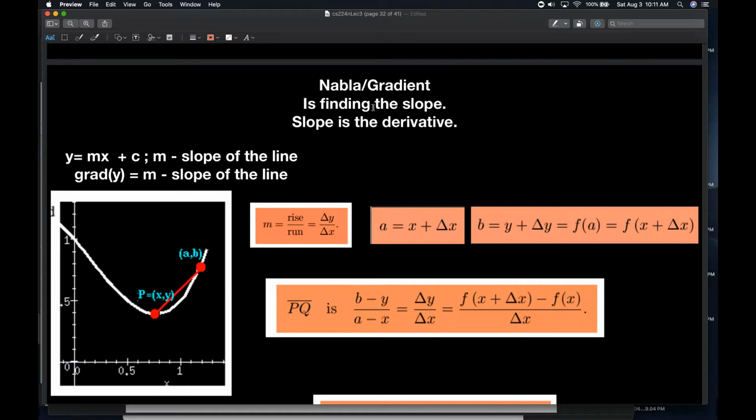And this gradient is basically trying to find out the slope. How you find the slope is you take the derivative. If you take the derivative of this equation with respect to x, c is a constant, so it drops out. dy by dx: mx, if you take the differential with respect to x, is m. Again, that is what the gradient is, that is what the derivative is, that is what the slope is.